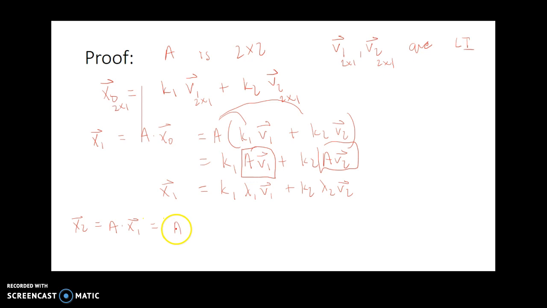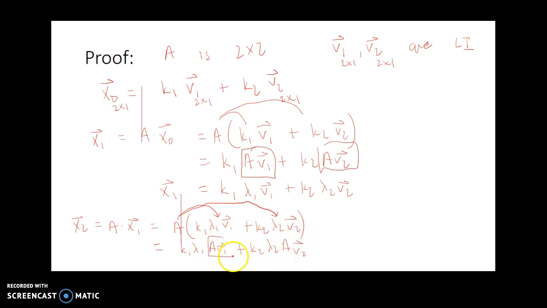x1 I know can be expressed as k1 lambda 1 v1 plus k2 lambda 2 v2. If I distribute again, same kind of principle, except k1 and lambda 1 are both scalars, so I can pass those forward and write k1 lambda 1 A v1 plus k2 lambda 2 A v2.